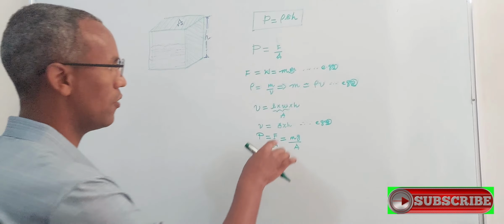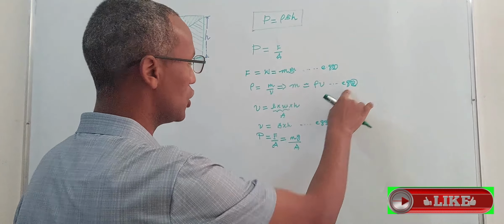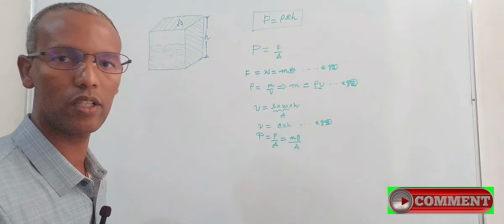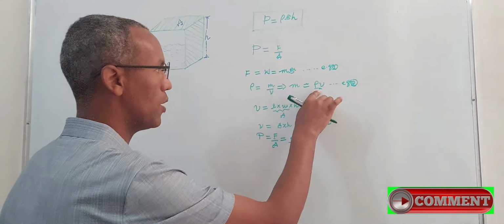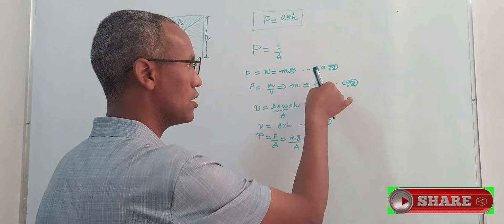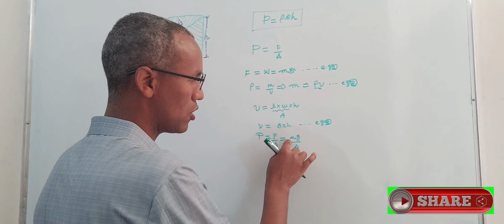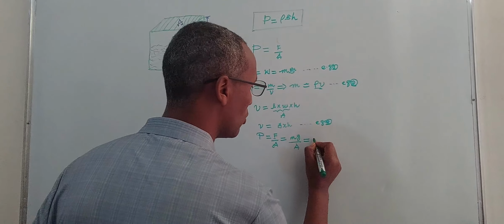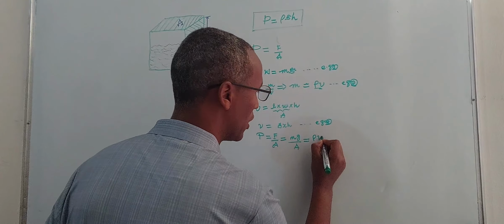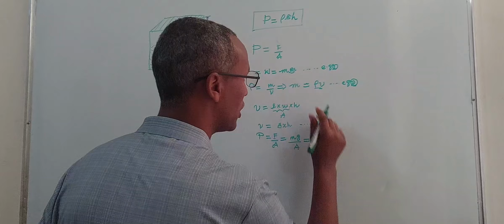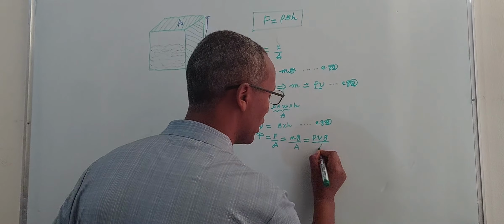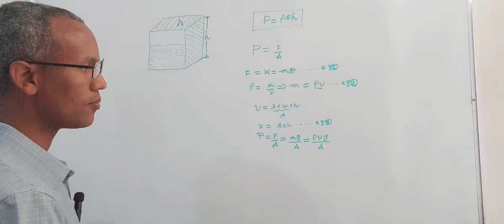Now, from equation 2, you can plug in density multiplied by volume for the mass. Then you will get density multiplied by volume, multiplied by acceleration due to gravity, over area.